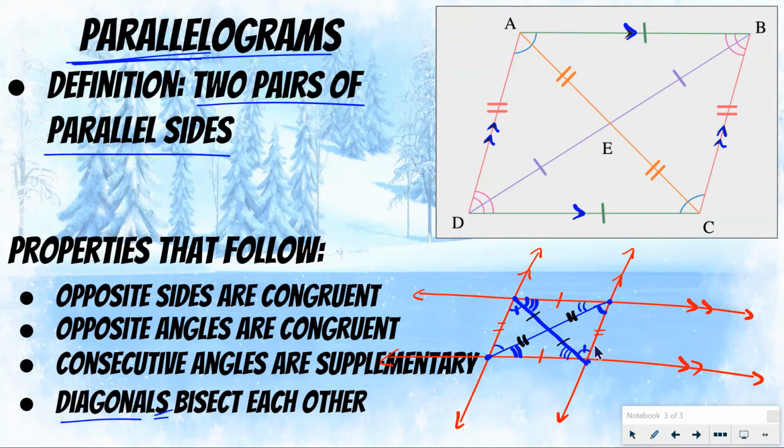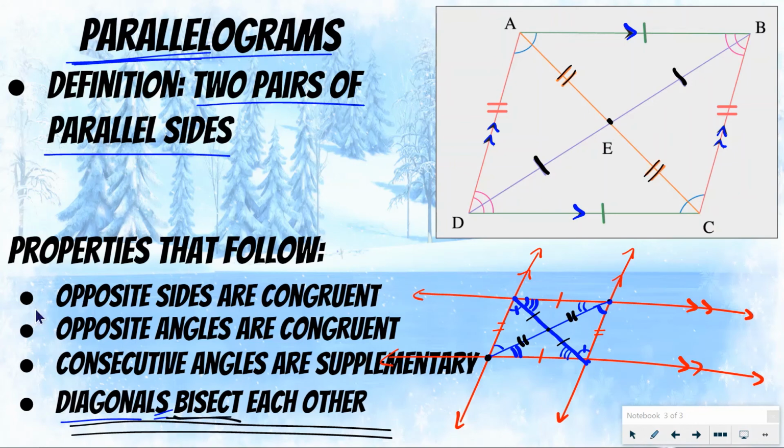So really all of that was just to get to these diagonals bisecting each other. Basically, this point is the midpoint for each of these lines cutting across our quadrilateral, which is all that's really marked there. Those two are congruent because they're split directly in half. These two are congruent because this purple line bisects the orange line.